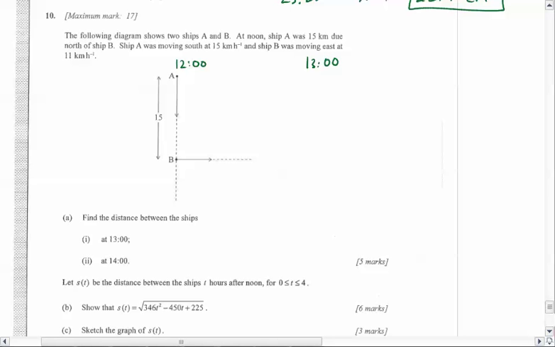since ship A is moving 15 kilometers per hour, ship A is going to be 15 kilometers below where it is right now. It's going to be at the origin. And B is moving 11 kilometers per hour. So after 1 hour, it's going to be 11 kilometers over.